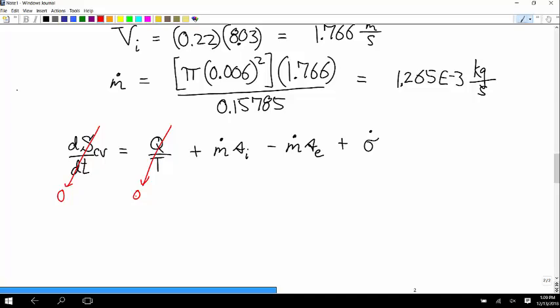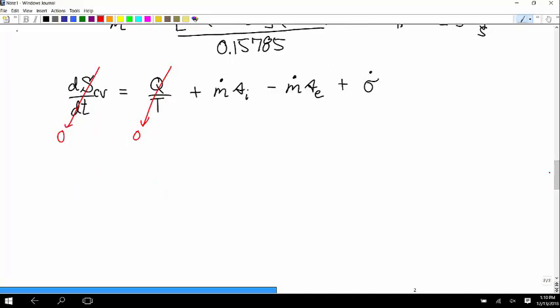Yeah, it's a pretty small temperature change, so we could assume a constant specific heat for this. Okay, yeah, so let's go back to thinking about, so now we're back stuck on kind of the same thing.